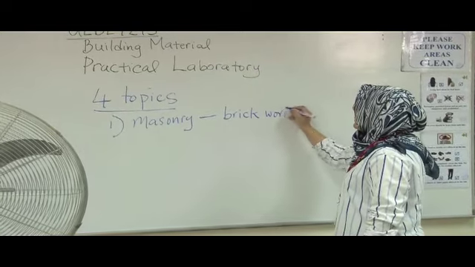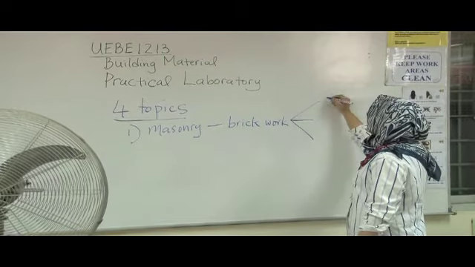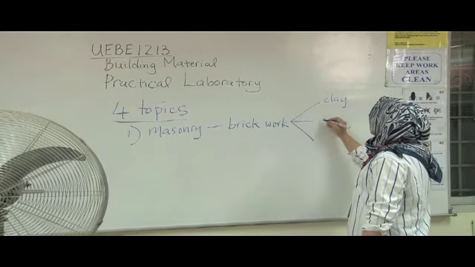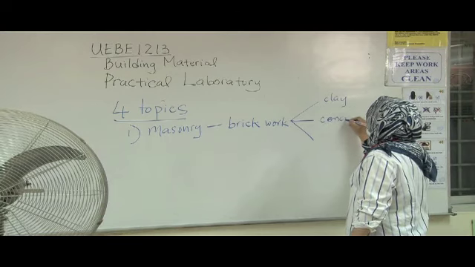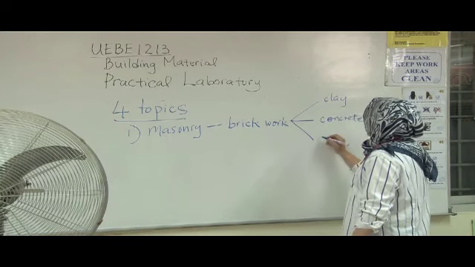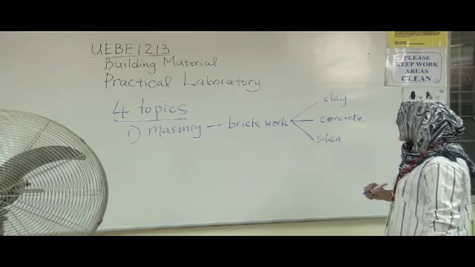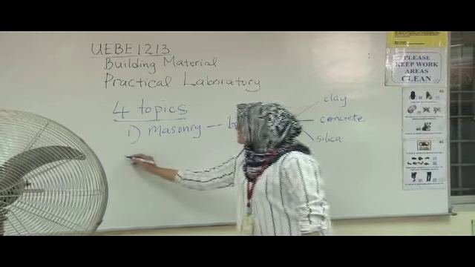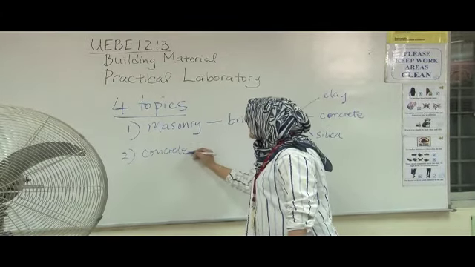So we'll be looking at the characteristics of 3 types of bricks: clay brick, cement or concrete bricks, and then silica bricks. Then we'll be looking at concrete materials.